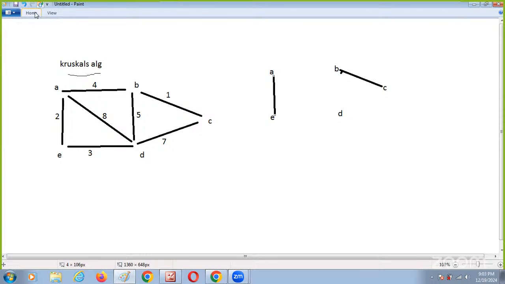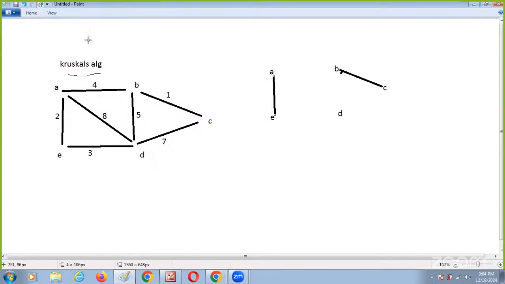Whereas Kruskal's algorithm can be applied for a disconnected graph also.